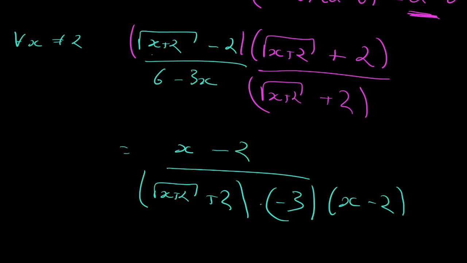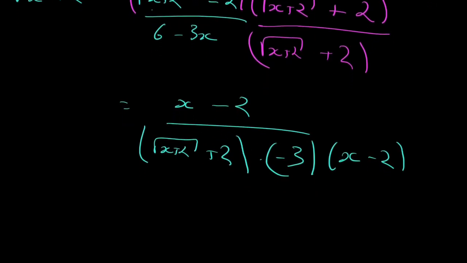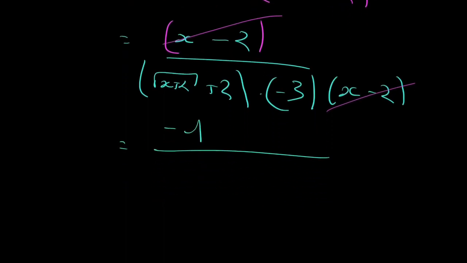This is not some magic, this is because we want an exercise that can be solved by you. So this is how the exercise is made. And so we can simplify those two x minus 2, and we are left with 1 over minus 3 times square root of x plus 2 plus 2.